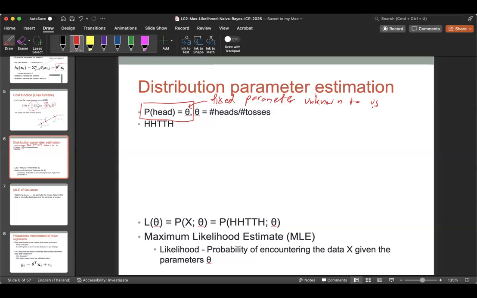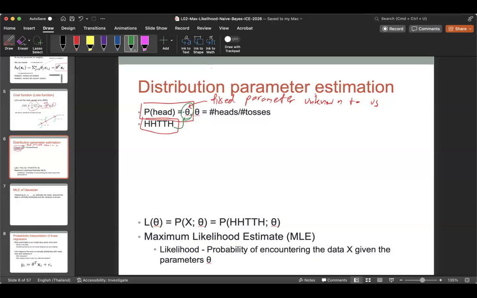What we can do is collect data. Let's say we toss the coin 5 times, and we get 3 heads and 2 tails. So our question is, from this data, what's the best theta that we can use?